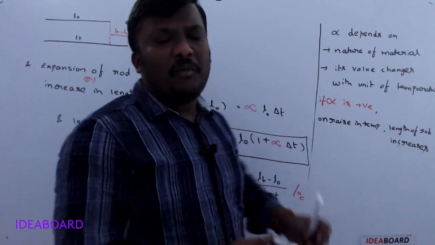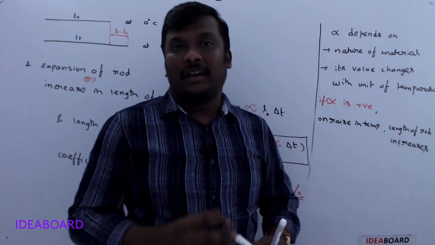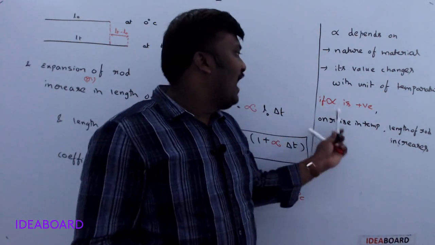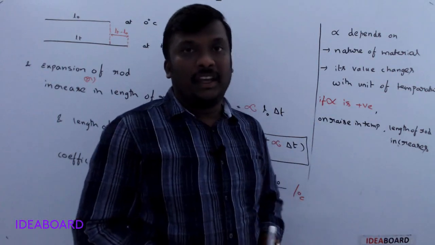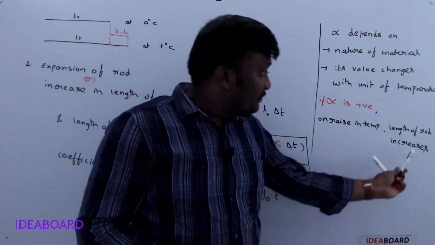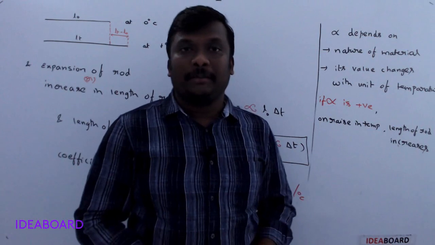In most metals or any solid material, alpha is positive. So when temperature rises, expansion of the rod takes place.